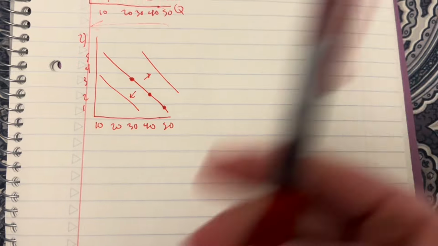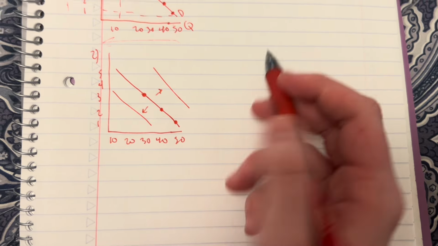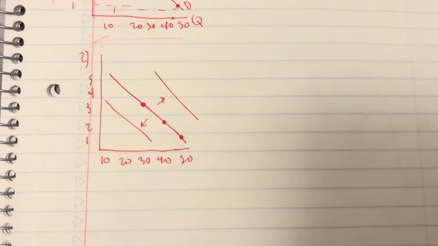So if the income of a consumer increases, then it will shift to the right, and then vice versa.